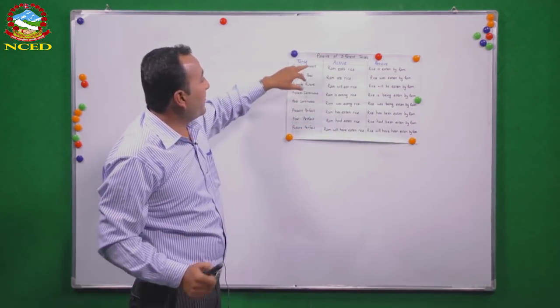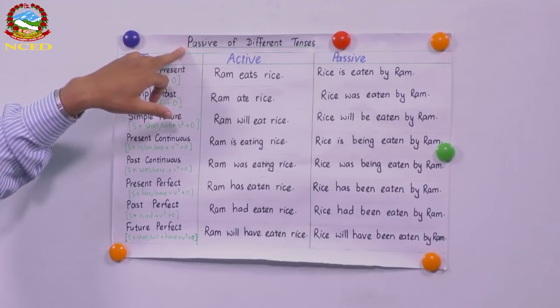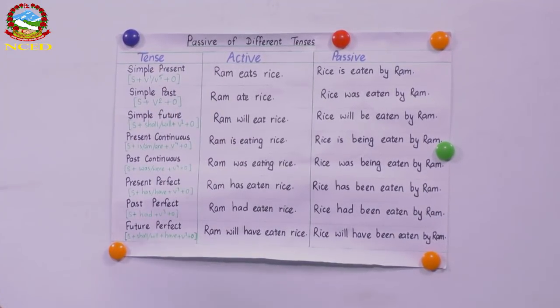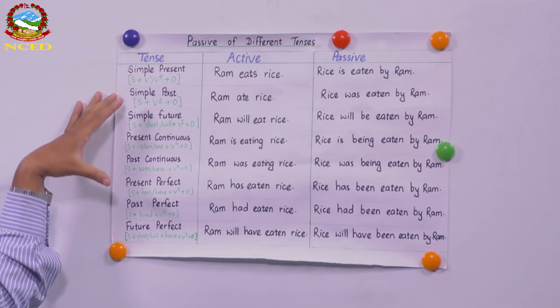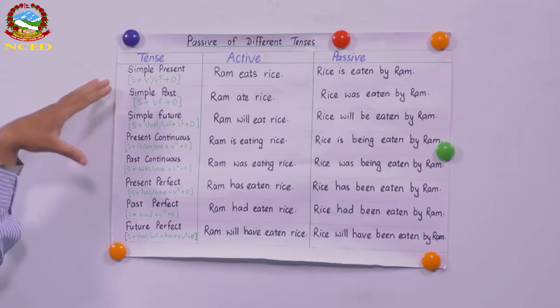Here, passive of different tenses. We will see different examples of different tenses, how they are changed into passive voice.